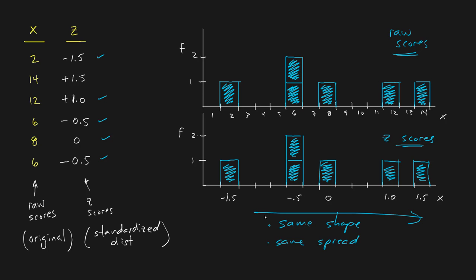So I have an exact copy. I've basically just remapped it onto different scores. Instead of having the original 2, 6, 8, 12, and 14, I've now got my z-scores, but nothing else changes. So when you convert your scores from the original distribution into a standardized distribution, the shape stays the same.